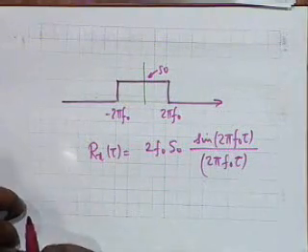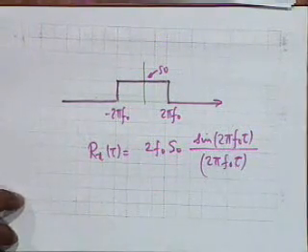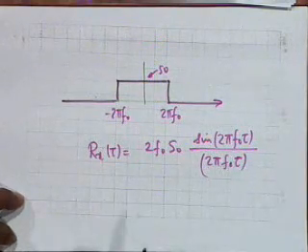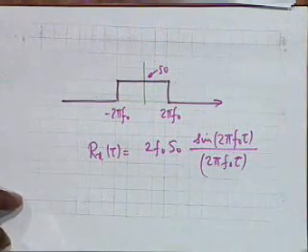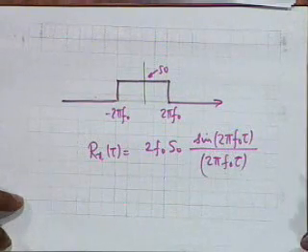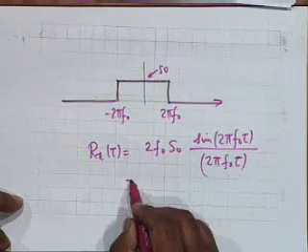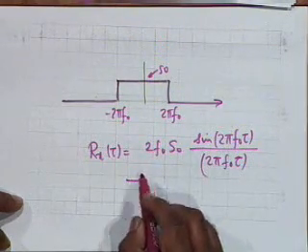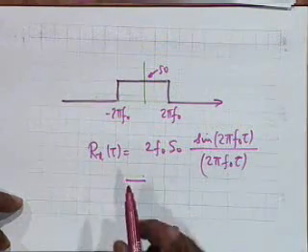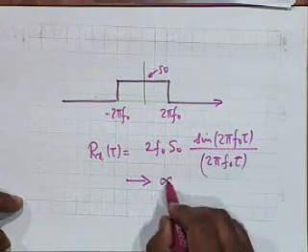Is it a sinc function? Yes, it is. And you notice that if f0 tends to infinity, then this function itself tends to infinity. We can't say it's a delta function, yet it tends to infinity.